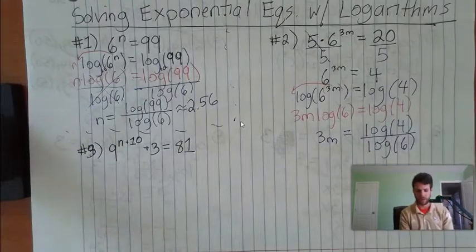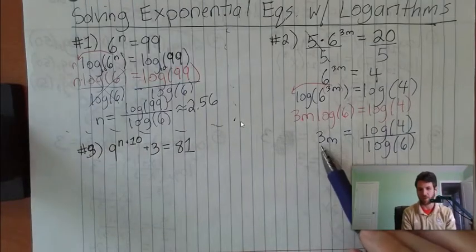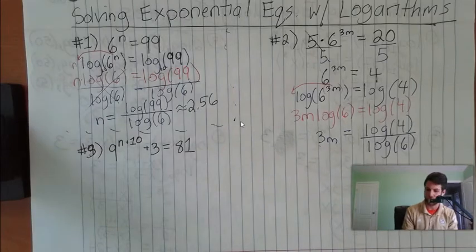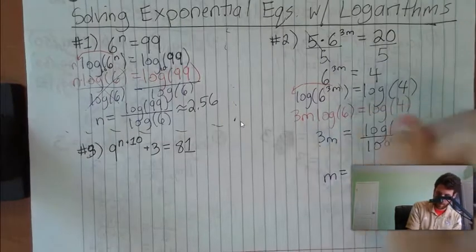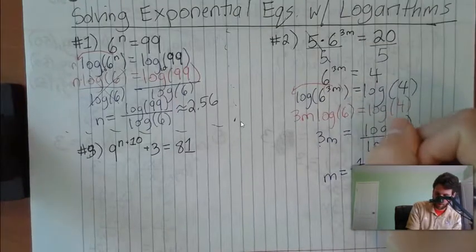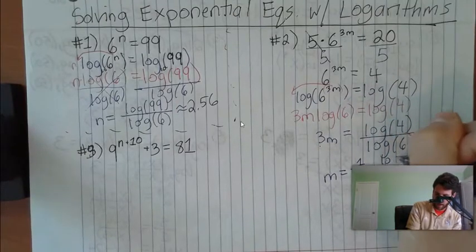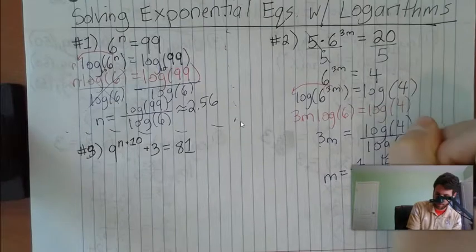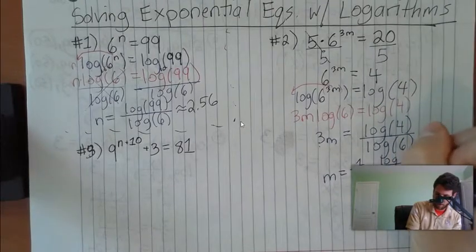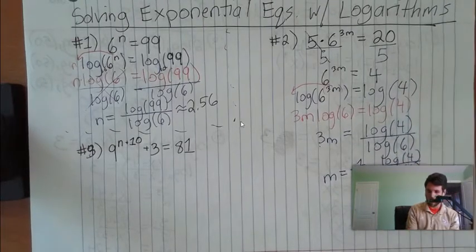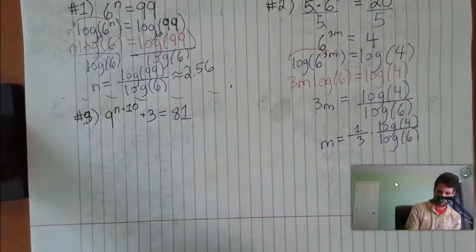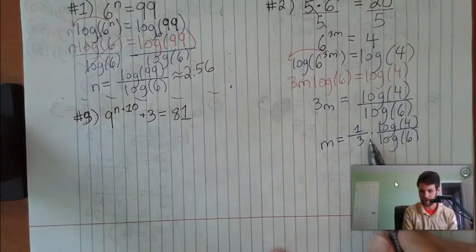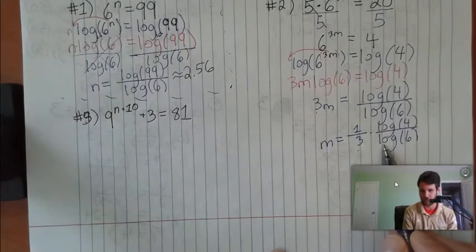And we're almost done. So now we just have to divide by 3 or multiply by 1/3, however you need to think of it. So that would mean 1/3 times this logarithm fraction from the step before. And that would just mean that we are putting that 3 right into this fraction.